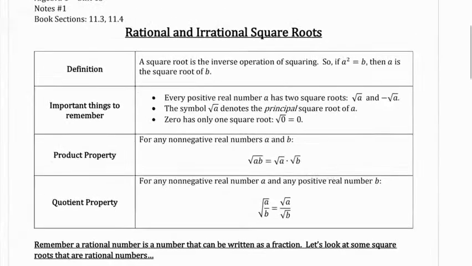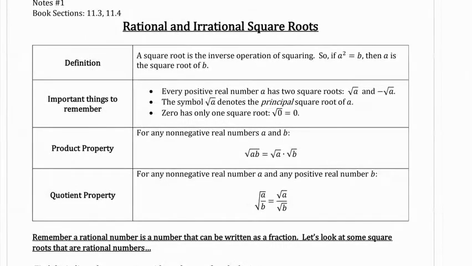Every positive real number actually has two square roots. So like when I ask you, what's the square root of 4, we would normally say that's 2. But technically, it could also be -2, right? 2 times 2 is 4. -2 times -2 is also 4. So every positive real number has two square roots.